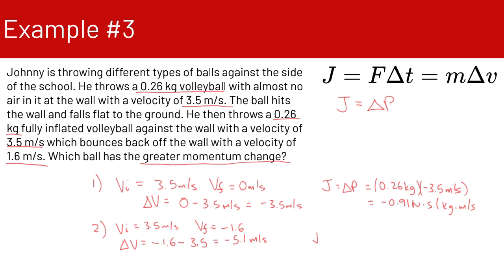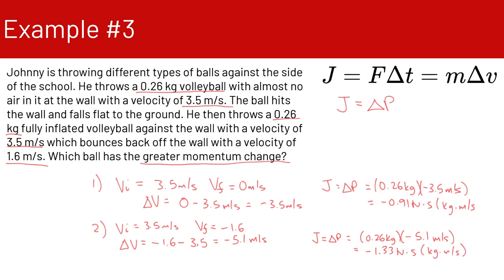So when we figure out our impulse, or change of momentum, we have 0.26 kilograms times negative 5.1 meters per second, which gives us a delta P of negative 1.33 Newton seconds, or kilogram meters per second.